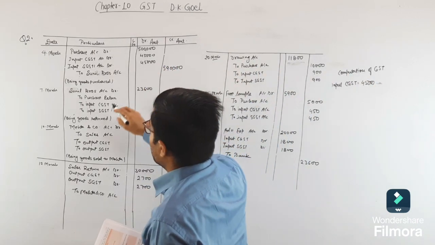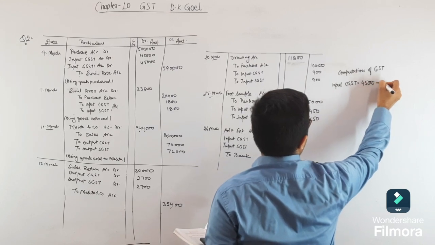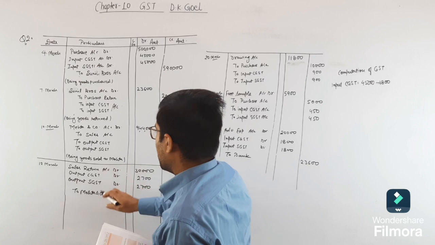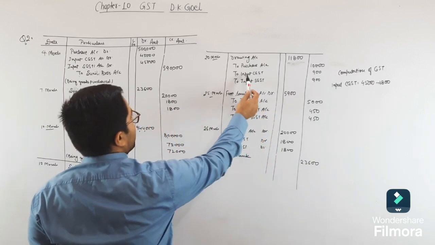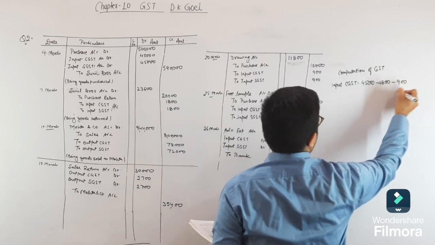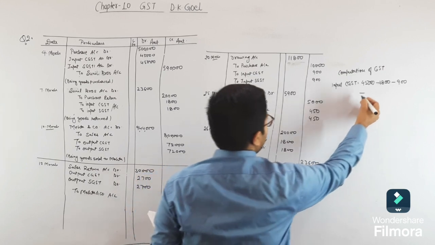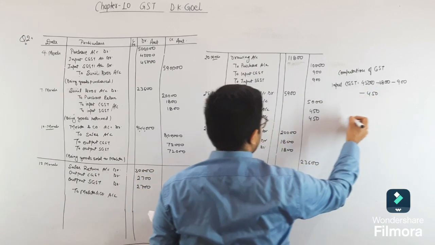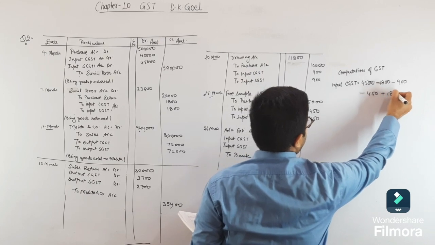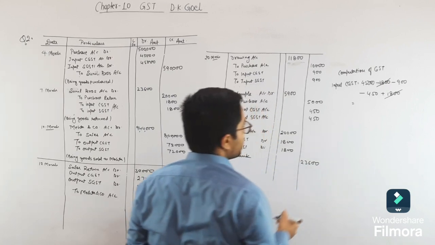Clear? Here the input GST in the credit section 1800, minus 1800. Again output, now here again this is in the credit column, minus 900. Now again this is in the credit, minus 450. Now this is in the debit, plus 1800. It means minus or plus cancel out.